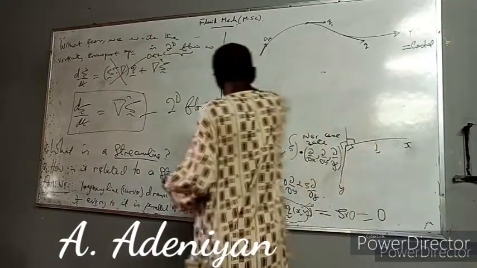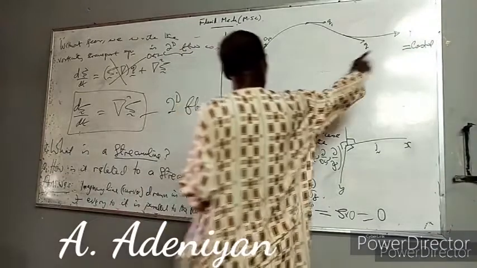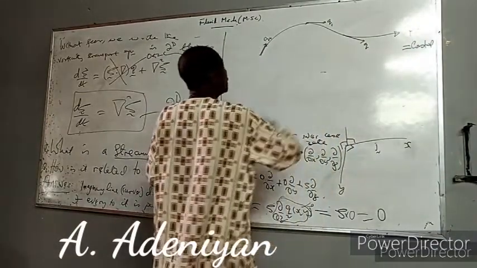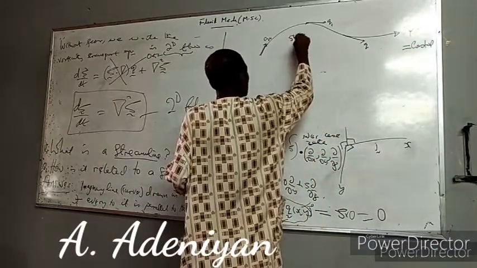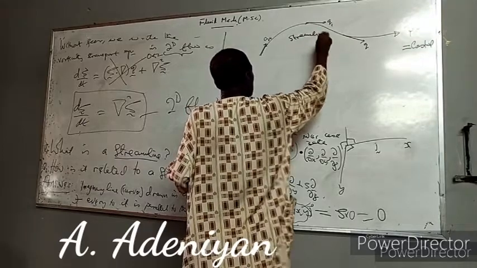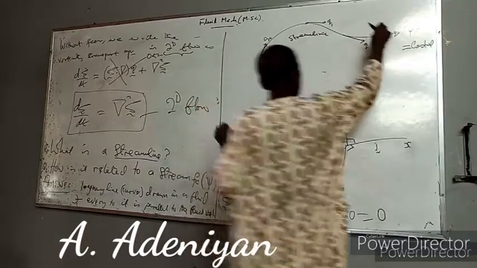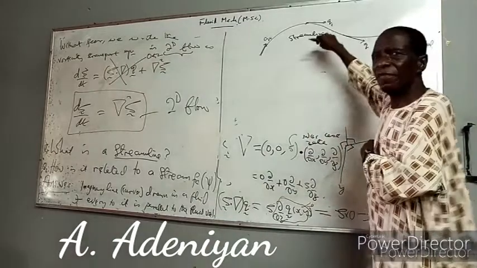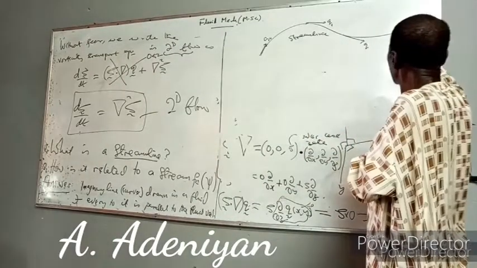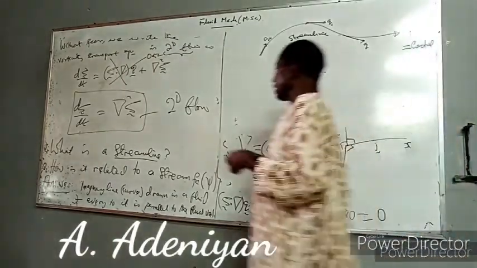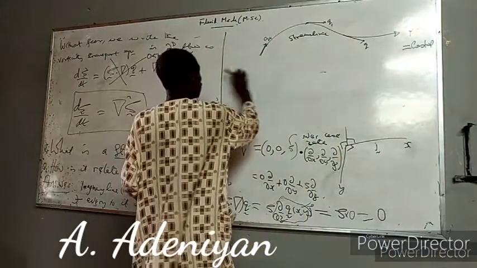Now, a stream function, of course, I've shown it here. So this one is a streamline. A streamline is a curve. But if now we are able to plot the function itself, that is the stream function. But how is it related to velocity?